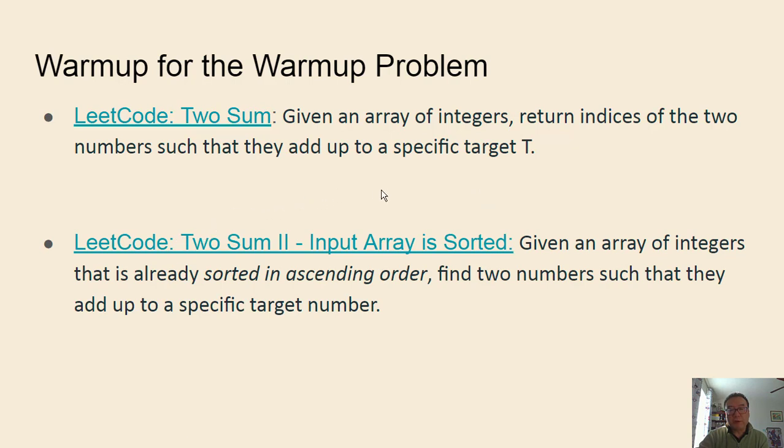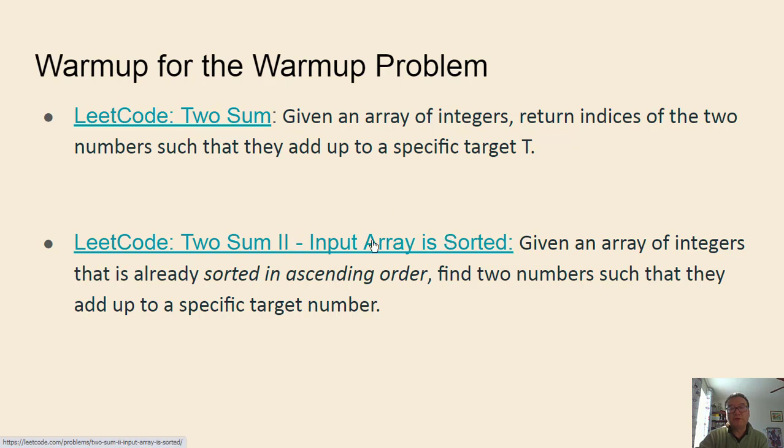When we were talking about 2 pointers, we also looked at 2 sum 2 where the input is sorted. In this case, we just keep 2 pointers at the 2 ends, and then we move them based on whether the sum of the 2 numbers is less than or greater than the target. If you are given an array that's not sorted, but you are allowed to sort it, to modify the array, then actually this is a better approach than using a hash set.